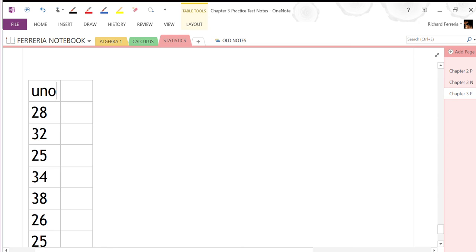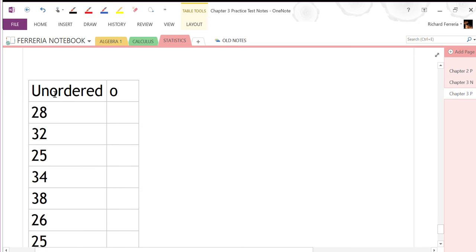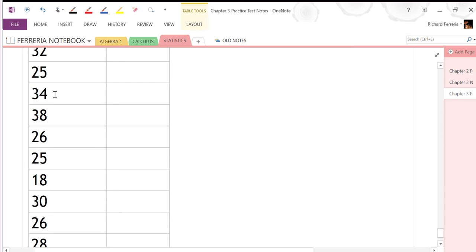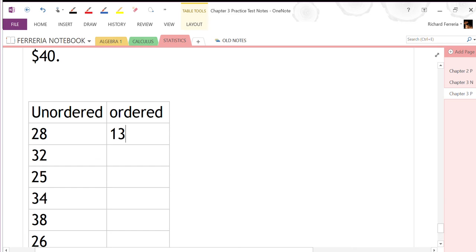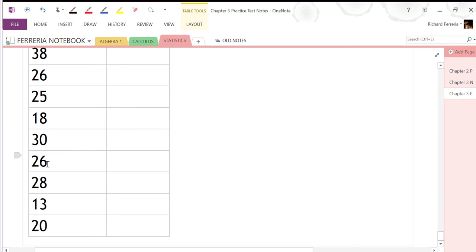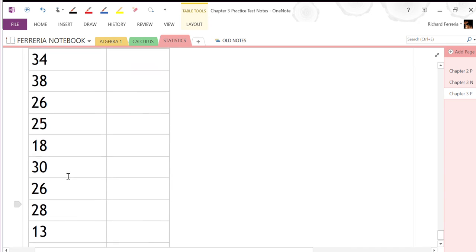So this is unordered. This is ordered. So, what's the smallest one here? 13, 18. What's next after 18? 20.